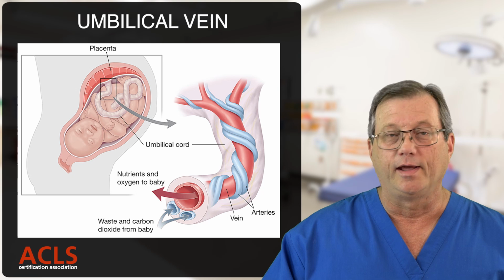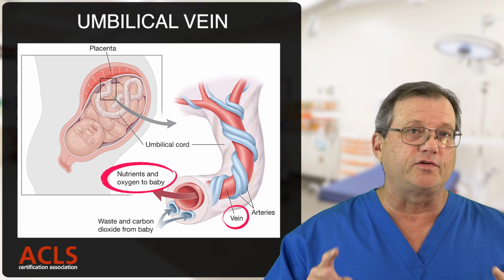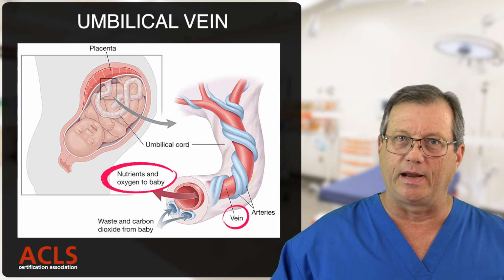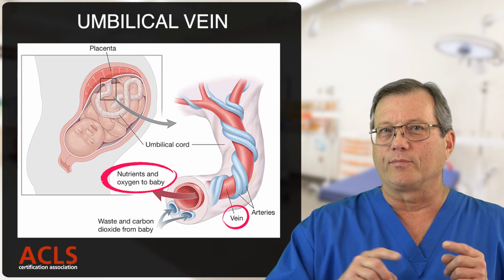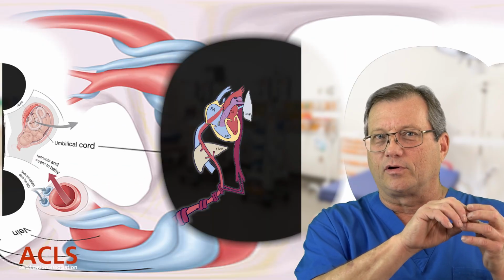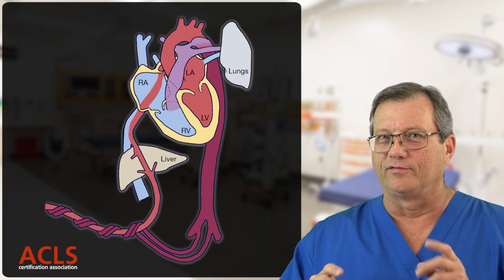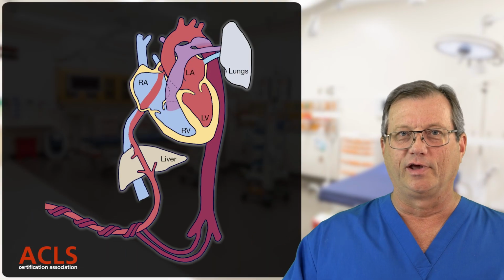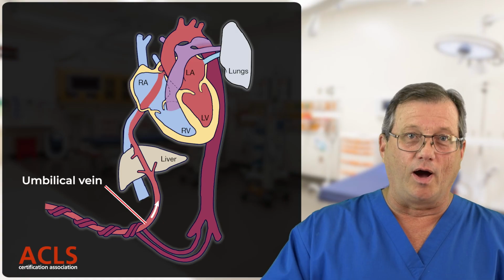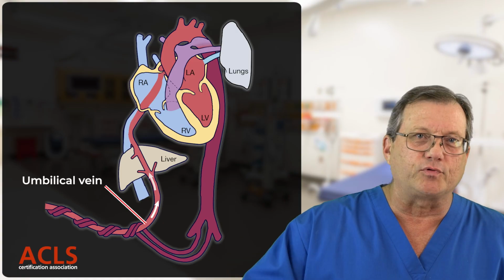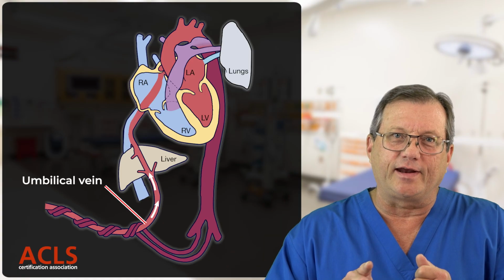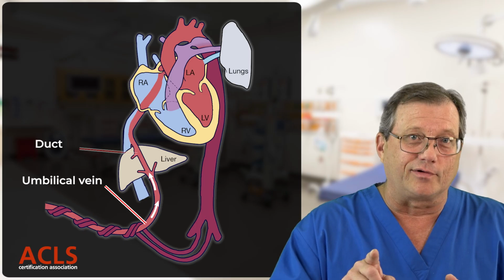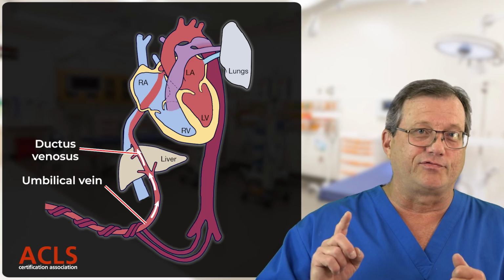Next real adaptation, we have to take a look at the umbilical vein. It's the umbilical vein that carries the oxygenated blood from mom to the baby. Now, remember, as soon as the umbilical cord hits the body, those arteries and veins split in different directions. The umbilical vein is going to go upward, up toward the liver. And it's going to take a shortcut through the liver via the ductus venosus.